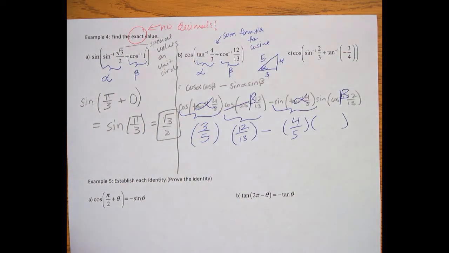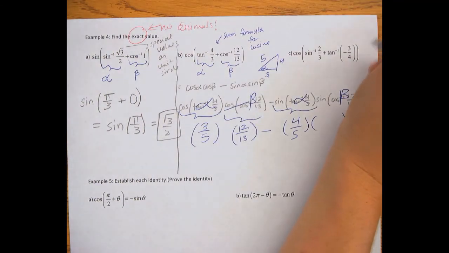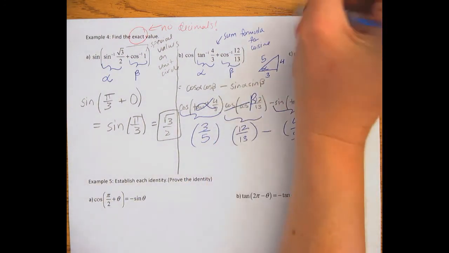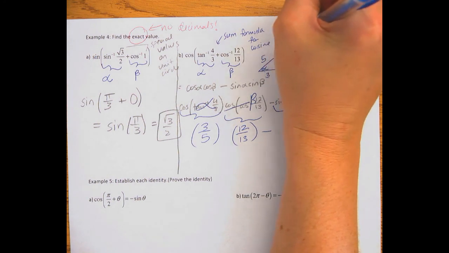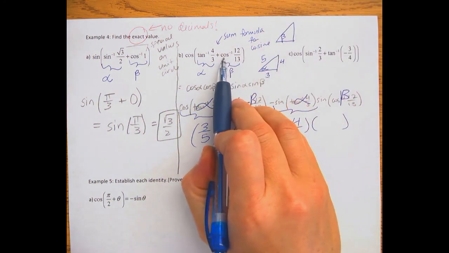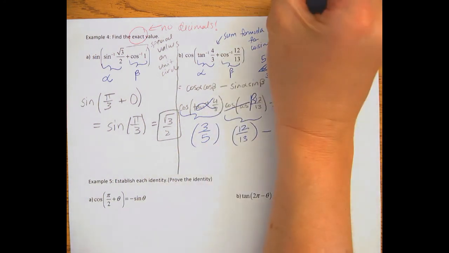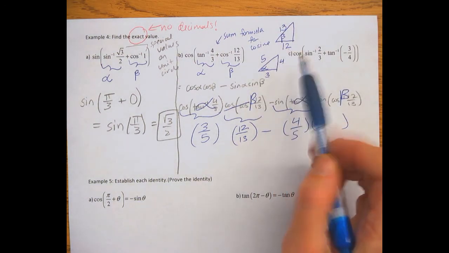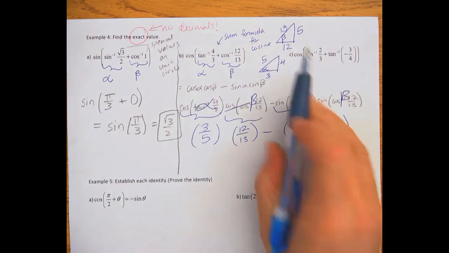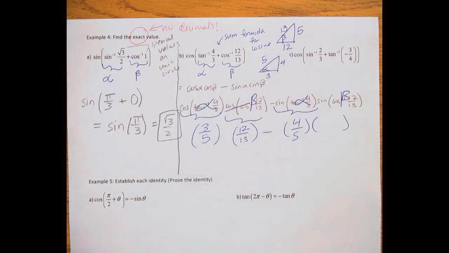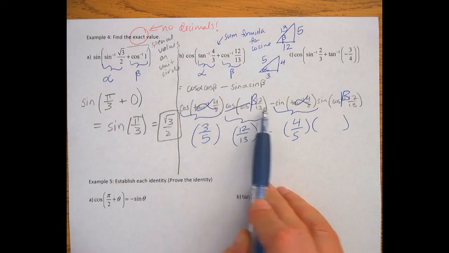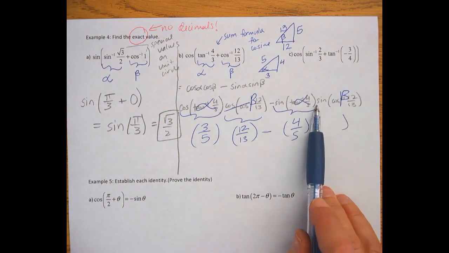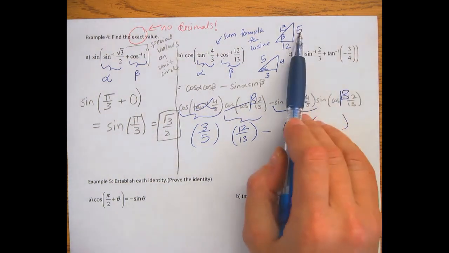So we draw the beta triangle. The beta triangle is also in quad 1 since 12/13 is positive. Cosine is adjacent over hypotenuse, so this would be 12 and this would be 13. Using the Pythagorean theorem, I can find that this side would be 5. So cosine of beta is 12/13, and sine of beta is 5/13.